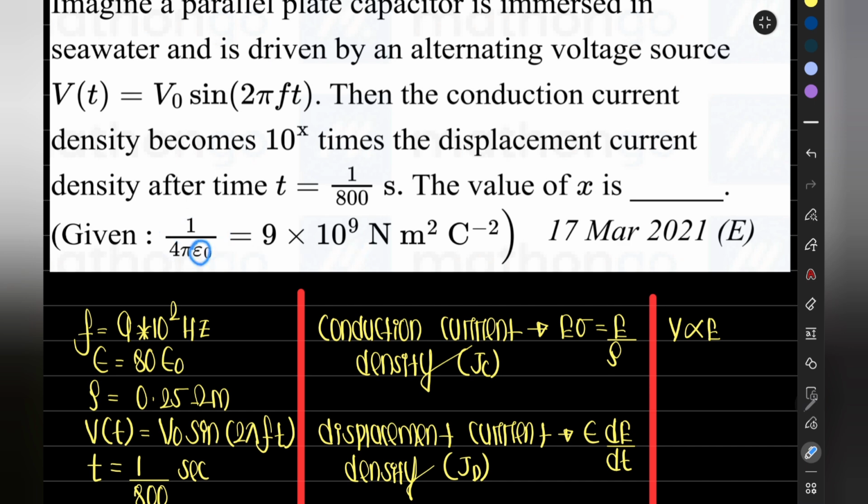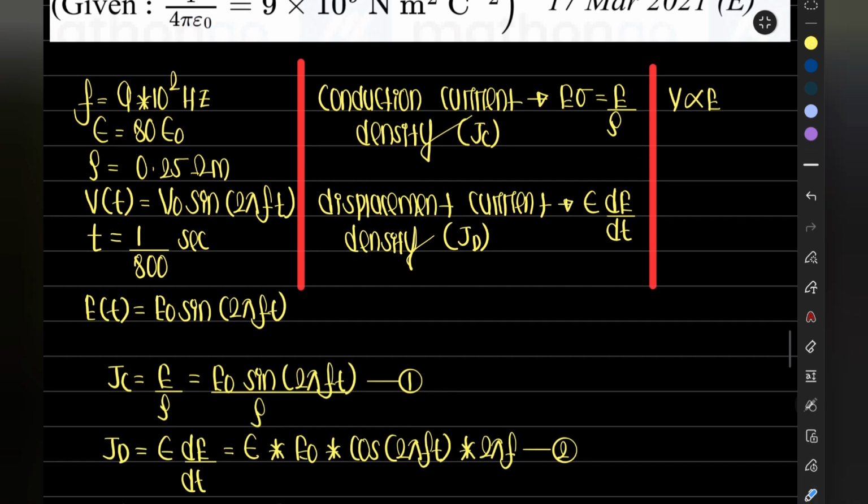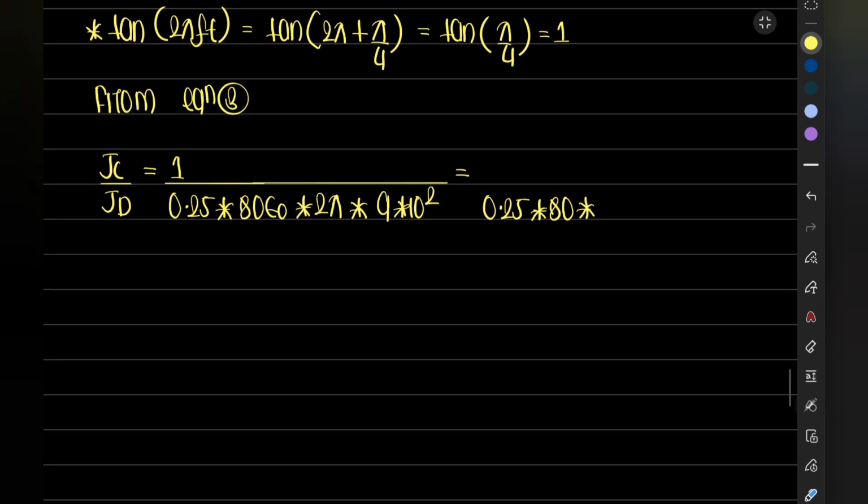So from here epsilon naught is 1 upon 4 pi into 9 into 10 to the power 9, and we put this value of epsilon naught.